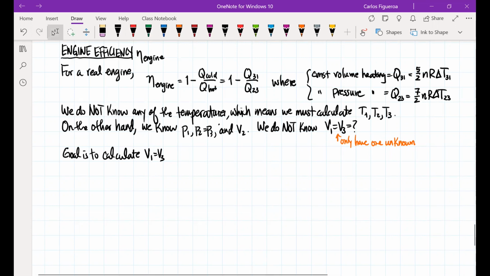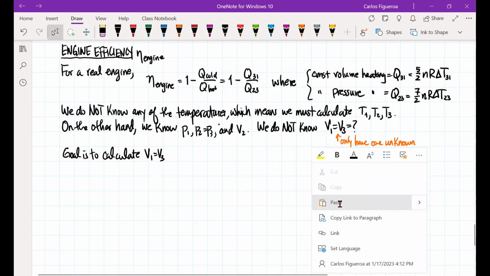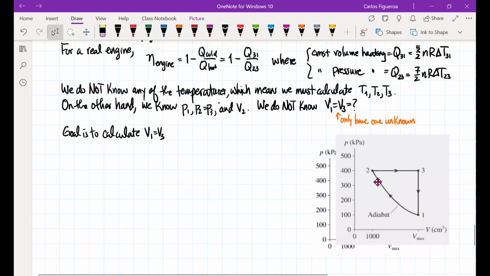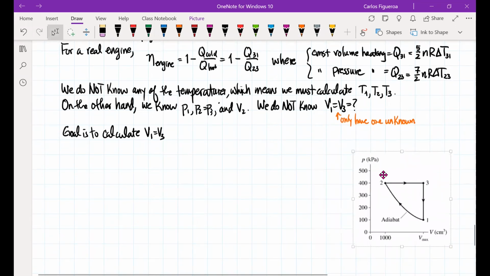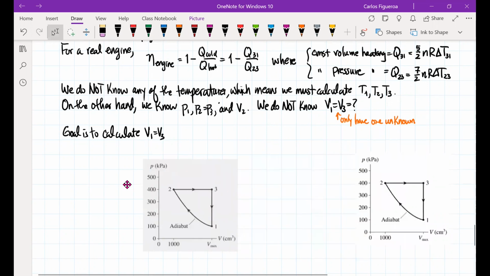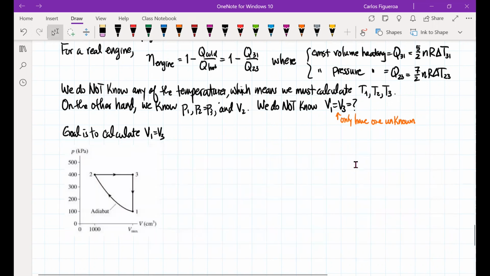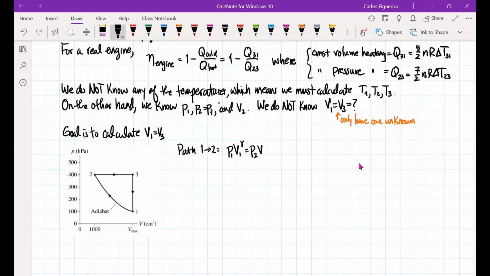The one thing that we have to pay attention to is that you have to keep looking at the cycle. Let's say that this is my cycle right here. When I look at my cycle, I need a quantity that's going to include volume. If I look along path 1 to 2, I have P1 V1 to the gamma equals P2 V2 to the gamma.